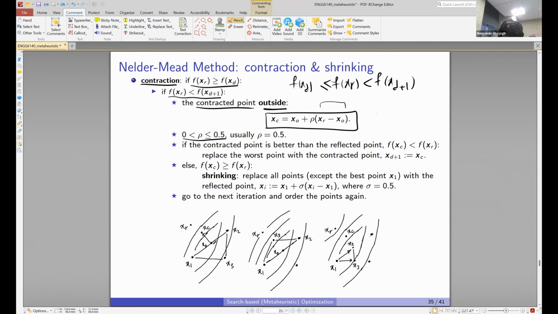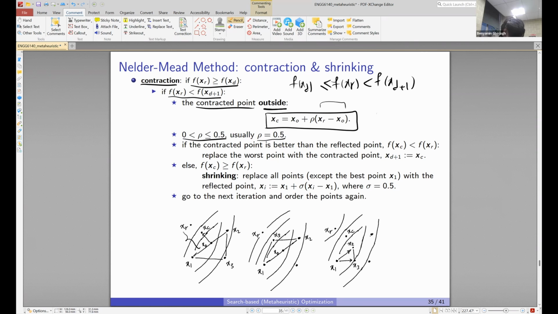Rho is not negative, so we don't go on this side. Rho is positive, between 0 and half, usually set to half. It means that whatever this length is, we go to half of this length. So this contracted point outside becomes here, between XO and XR, right?